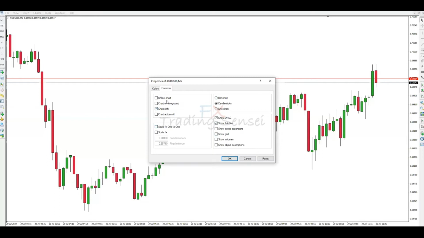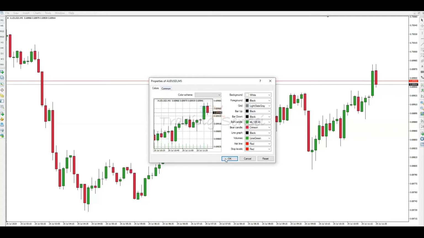And you could also select if you want the chart on the background of any drawing tools or indicators you put on your chart, or if you want the chart to auto scroll, meaning that as time progresses, the chart will automatically reset itself. So the candlesticks will always be visible on your screen. So this is the initial setup of your chart, so you can see what the chart looks like and change your colors accordingly.